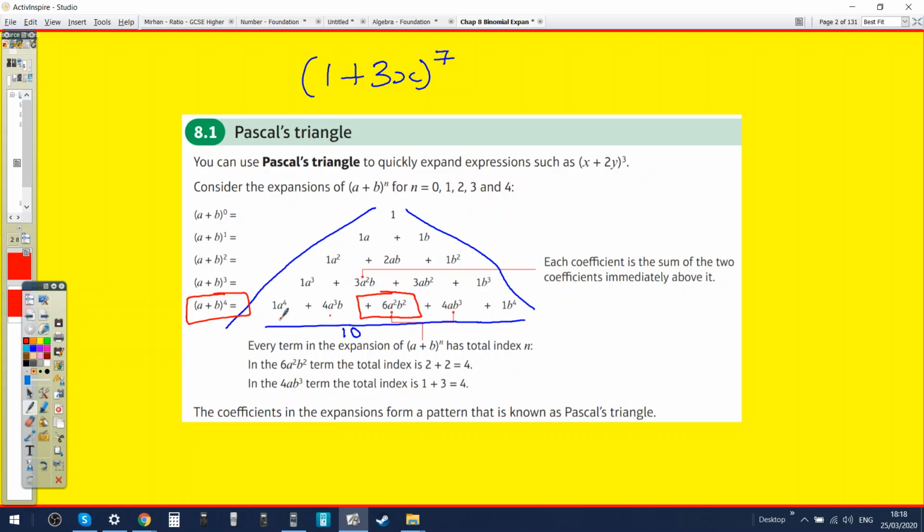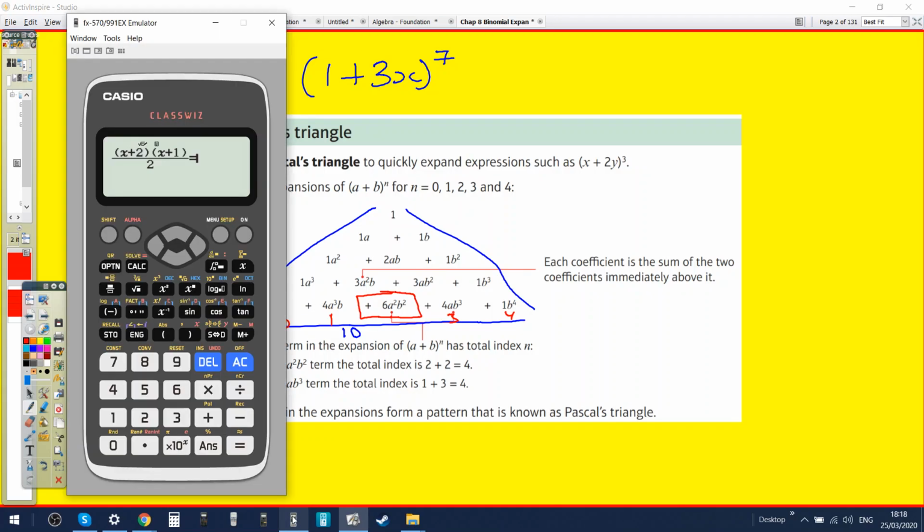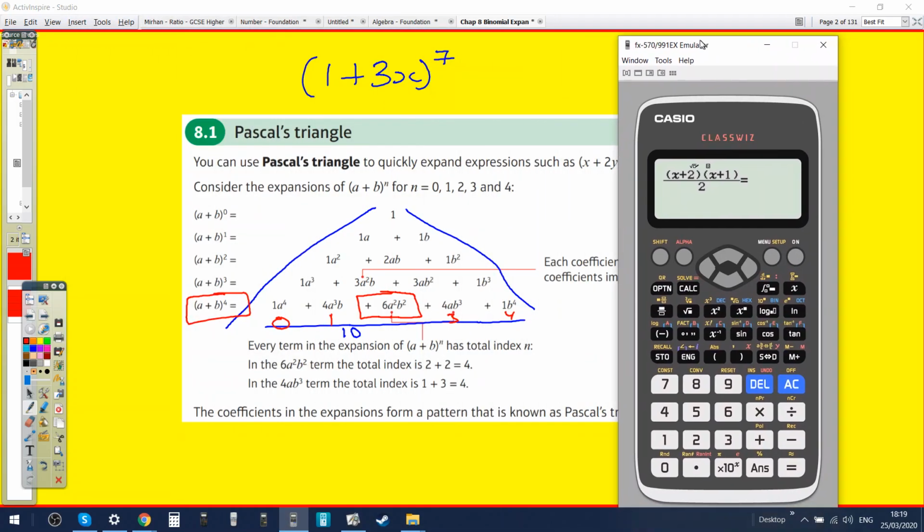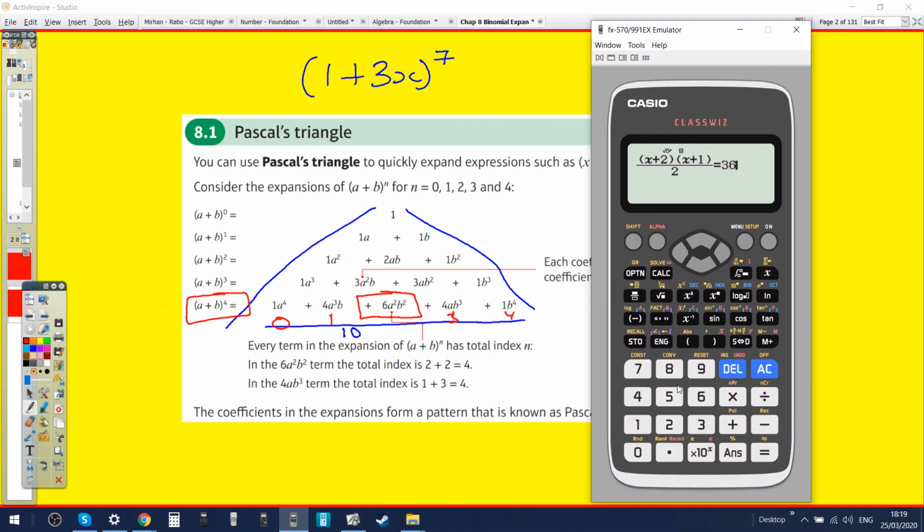So that we always start from 0. That would be 1, that would be 2, 3, 4. Put into your calculator, so the power, 4, choose 2. 6. Yes. And coefficient here is? 6. Yes.